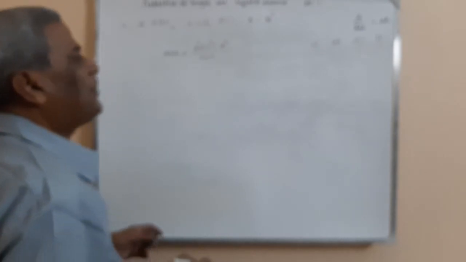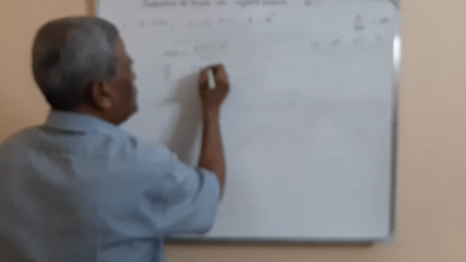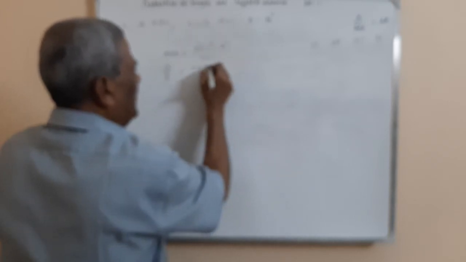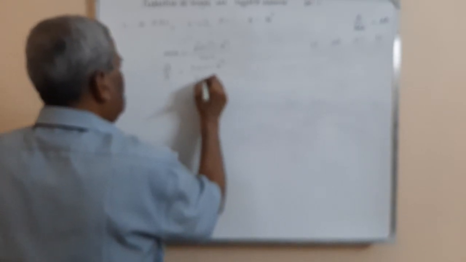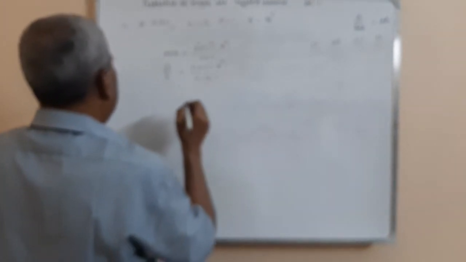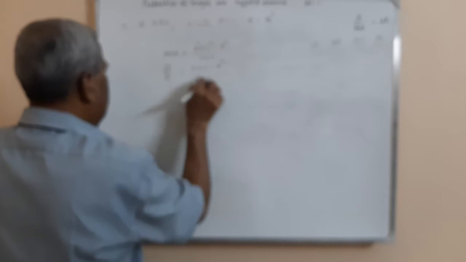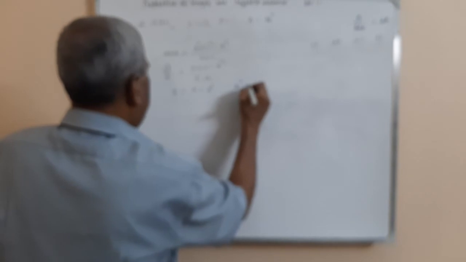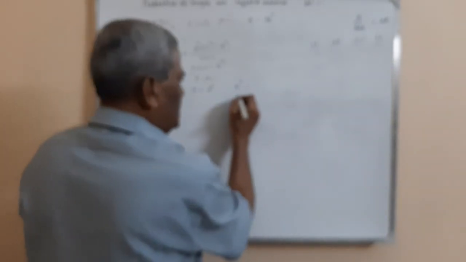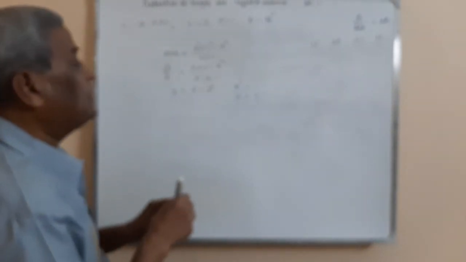Cos 30 degrees is root 3 by 2, which is equal to b square means 3 plus c square is 1 minus a square divided by 2 into bc. b is root 3, c is 1, 2 cancels, is root 3. Root 3 times root 3 is 3, equal to 4 minus a square. a square is equal to 1. a is simply 1, not plus minus 1. a is equal to 1. Side length is positive.